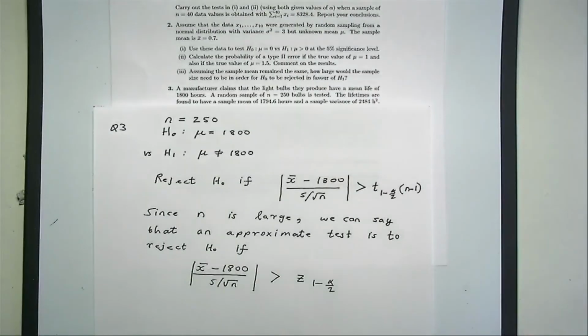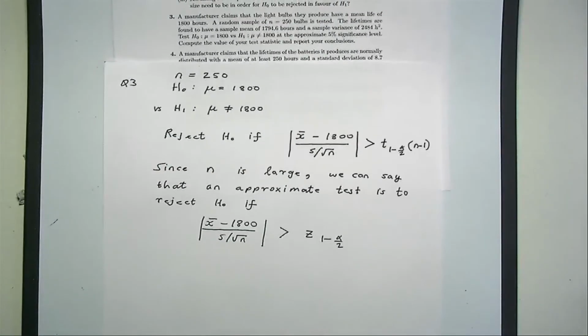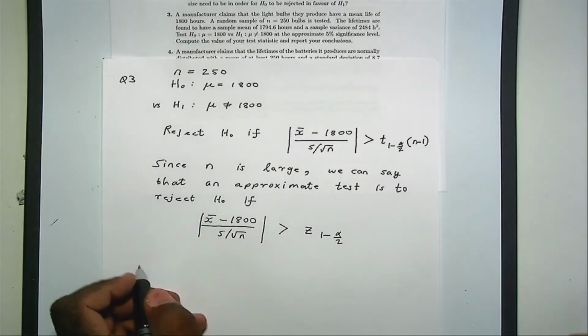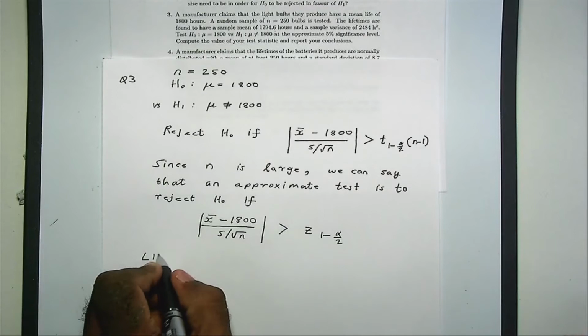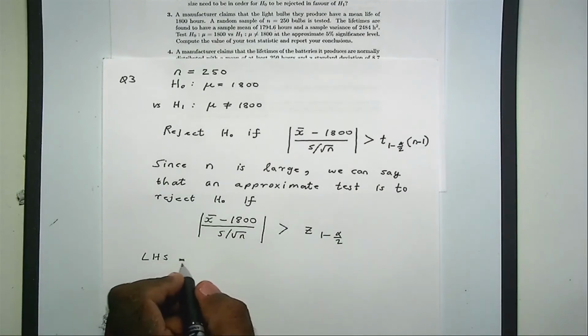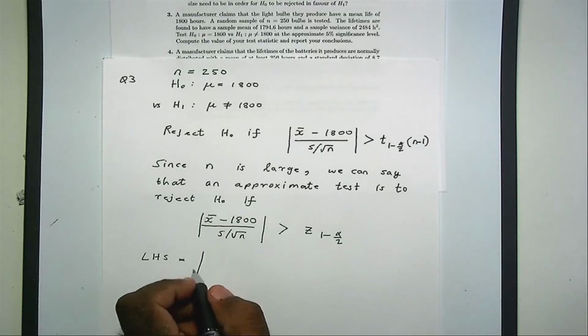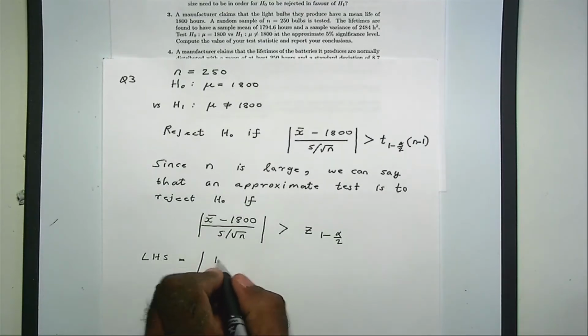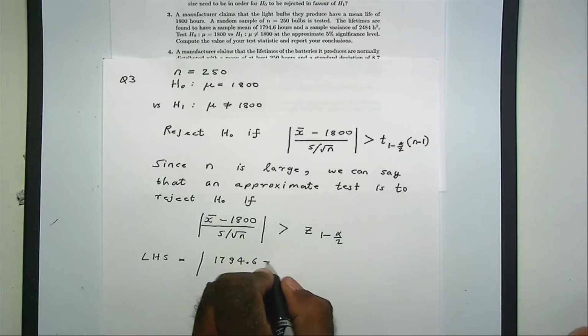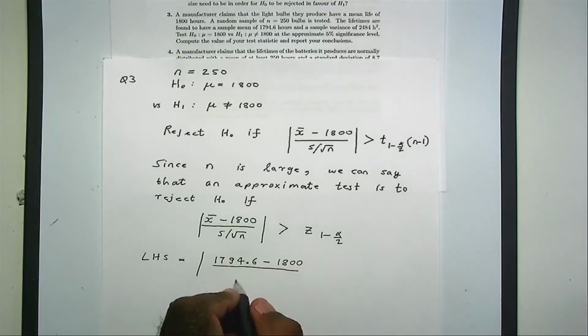Now let's compute the left-hand side of this inequality first. X bar is already given to us as 1794.6, minus 1800, divided by s.